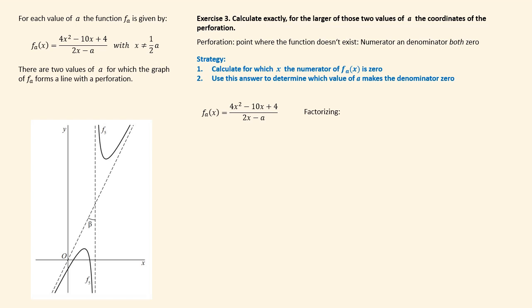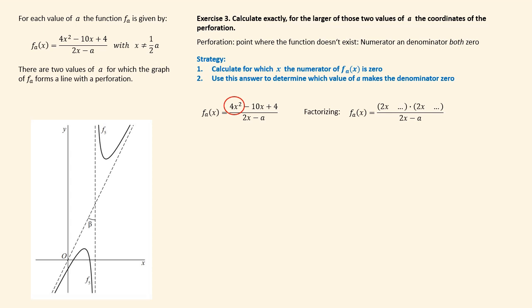Focusing on the numerator, we can see the 4x squared. If we want this to be the result of a multiplication between two bracketed terms, then we should start each of the bracketed terms with 2x. But now the question is, what shall we fill out on the dotted lines so that it would be the same as the numerator in fa of x?